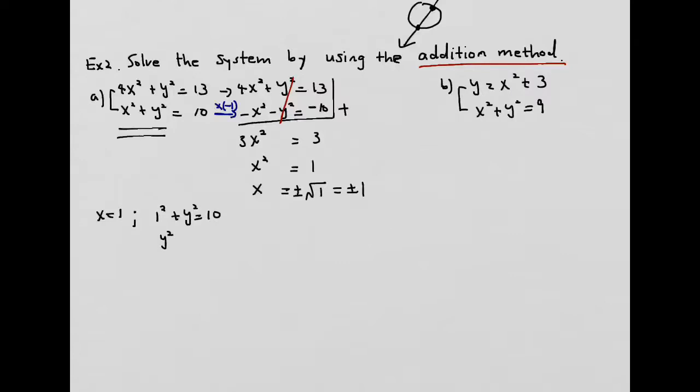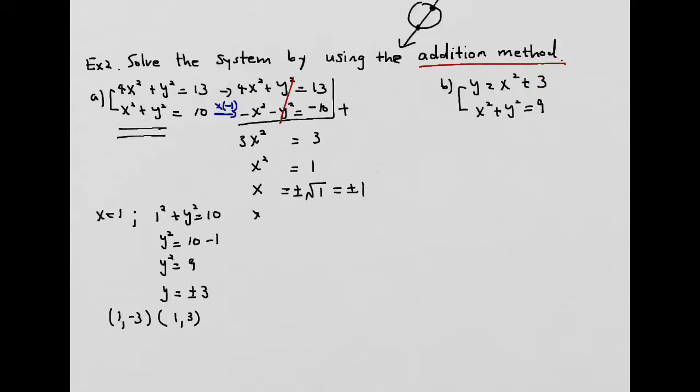Y squared will be 10 minus 1. So Y squared should be 9, where Y you get plus minus 3. So here, when X is 1, you can have negative 3, but also you can have positive 3.